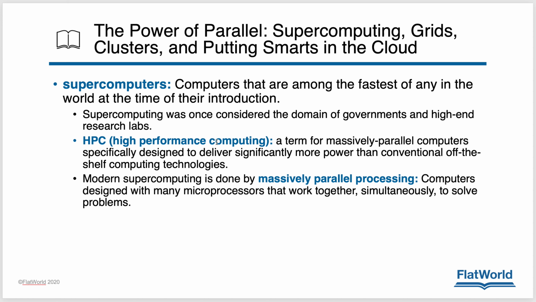If you have things that can be done at the same time and shorten the length of the project, you would assign teams to it. If there are things that can be computed simultaneously and then brought together at the end for the result, why can't you use parallel computing systems to do that? So much of modern supercomputing is done by massively parallel processing.